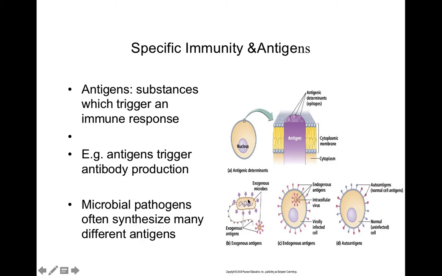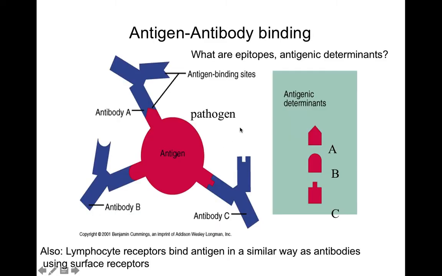But it turns out that different parts of the microbe might trigger different types of antibodies to be produced. So if we were being really accurate here, folks, I would be talking about antigenic determinants, or epitopes, which are the specific parts of the antigen, and you guys pretend this is just some generic invading microbe. The microbe is an antigen.